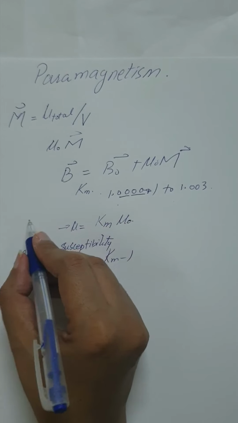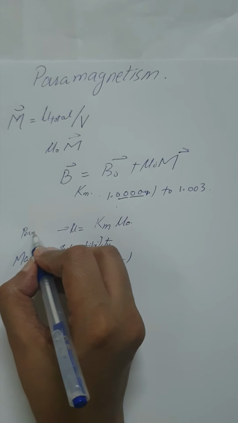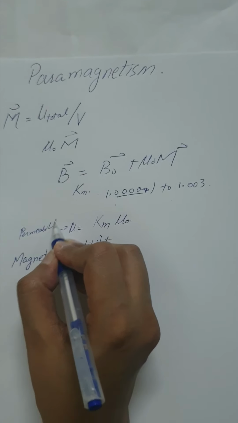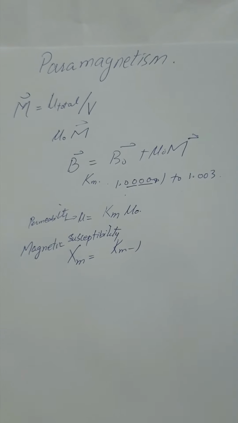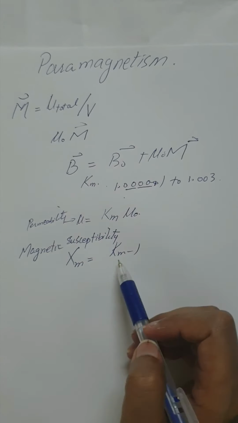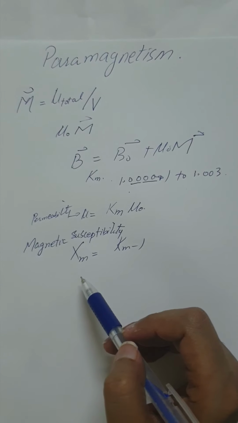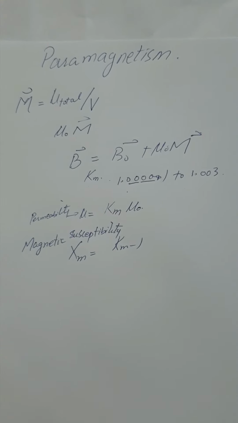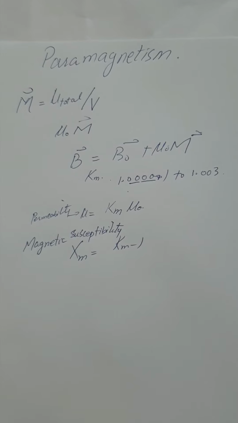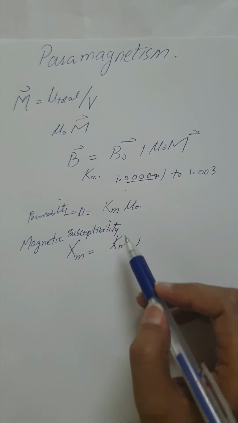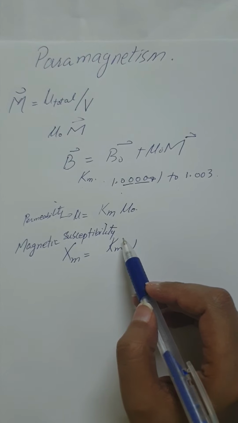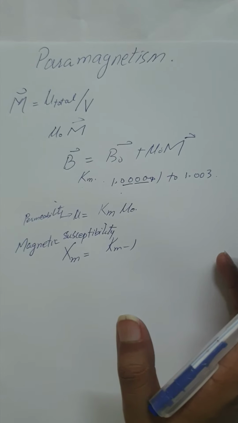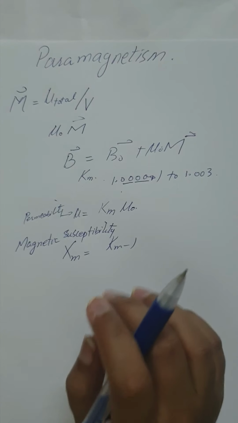This is magnetic susceptibility, and this is permeability. So both Km and chi m are dimensionless quantities, and values of magnetic susceptibility for different materials are given in the book, in the table, which I am not showing here, so you can get an idea about these quantities.